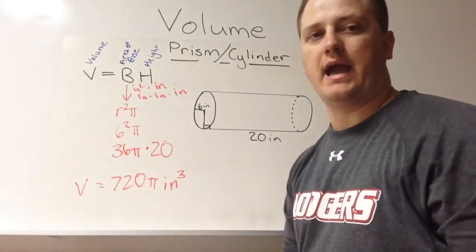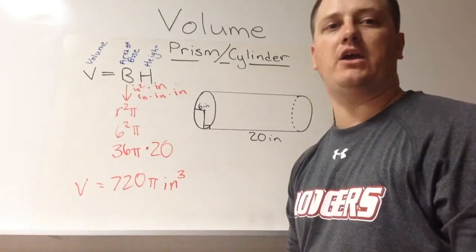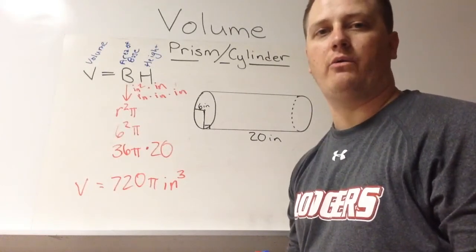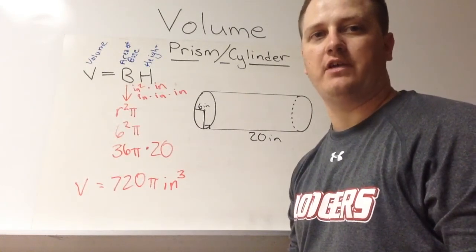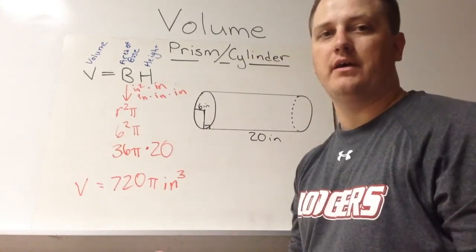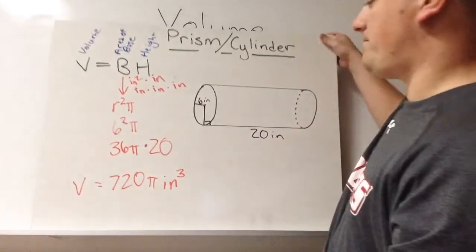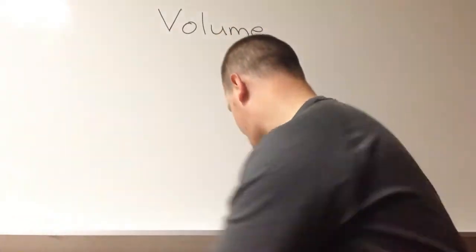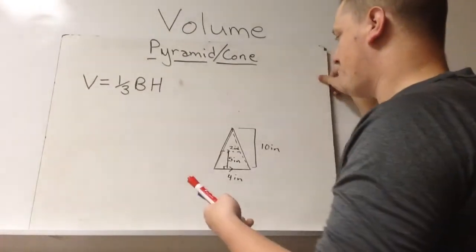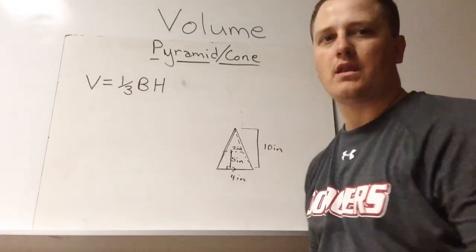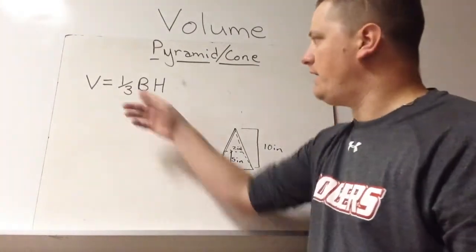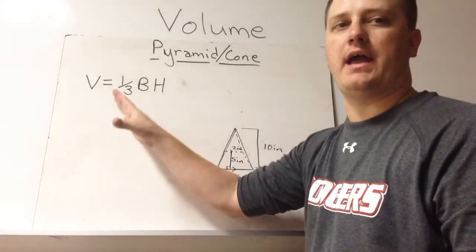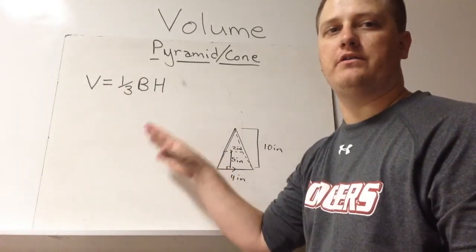Alright, now we're going to look at pyramids and cones and how the formula kind of shifts, as it's only part of a cylinder. So every pyramid or cone is part of a prism or cylinder.